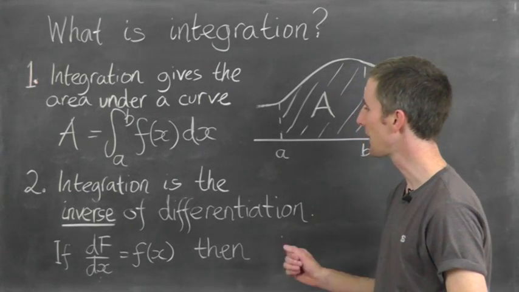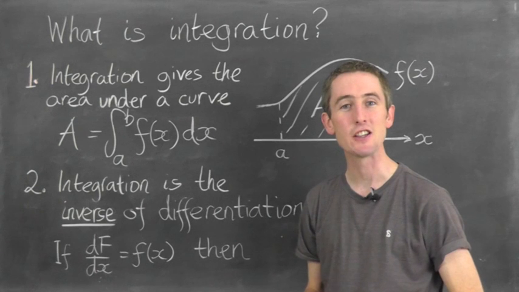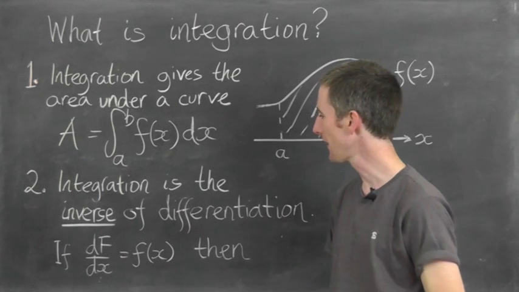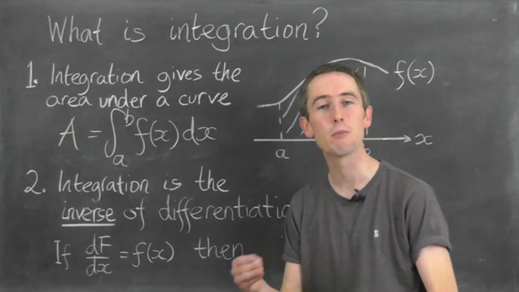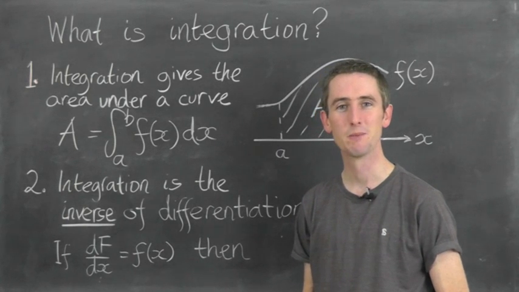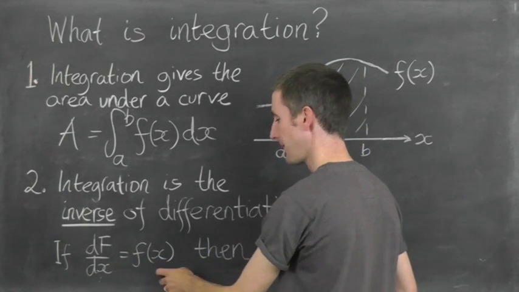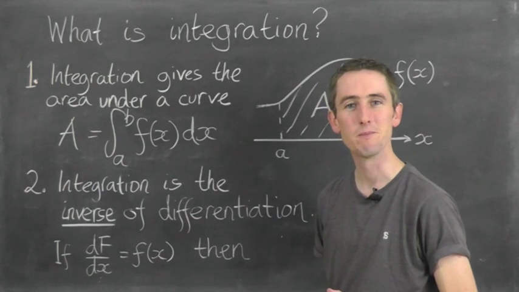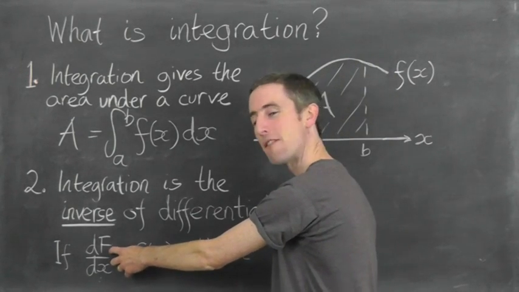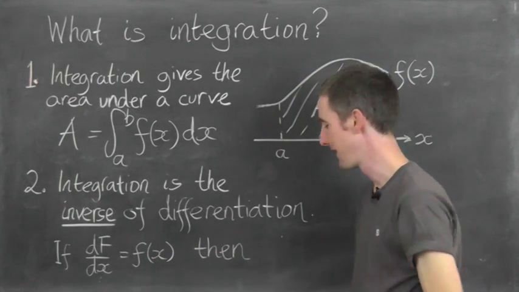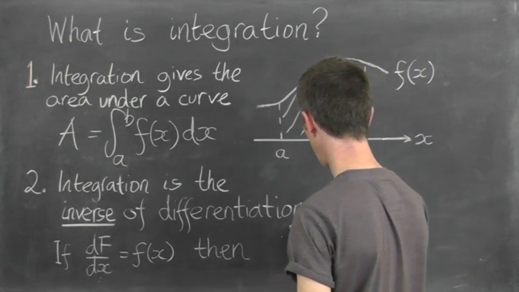But for the next part of the course, I want you to think about integration purely as the inverse of differentiation. In other words, integration is the opposite process to differentiation. In other words, again, if I can take the derivative of a function, I can take the integral of a function. If the derivative of capital F is little f, then the integral of little f is capital F. And I can write that like this.